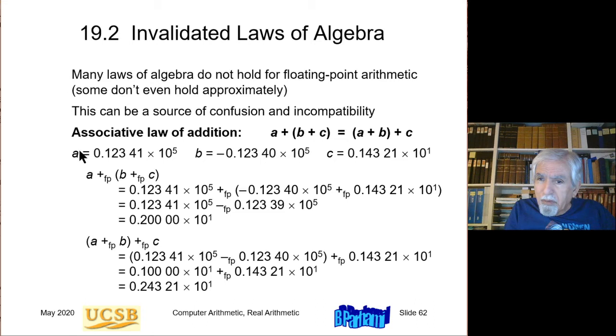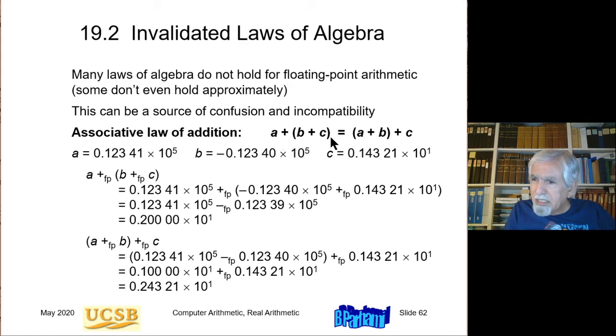For example, the most well-known example is the associative law of addition, meaning that if you have three numbers and you want to add them, it doesn't matter in normal algebra if you add B to C first and then add A, or add A to B first and then add C. Addition is associative. In floating point, addition is not associative. You can get different results.